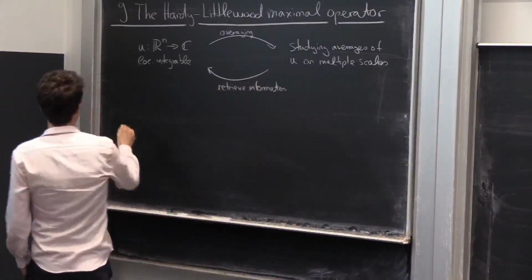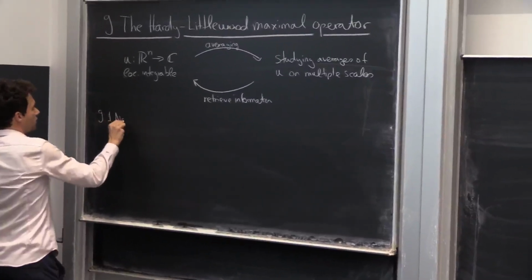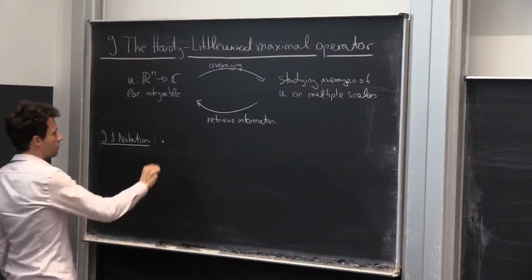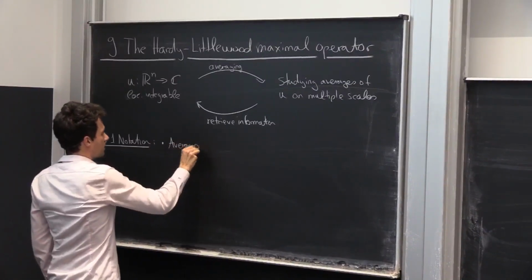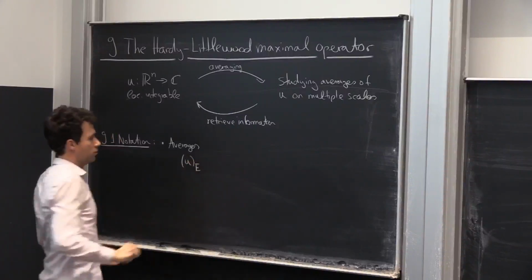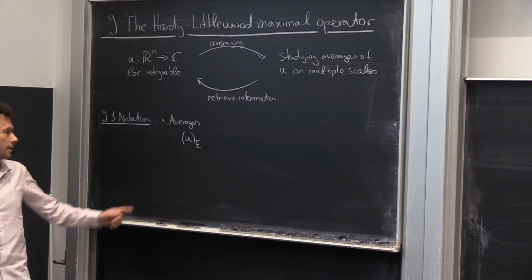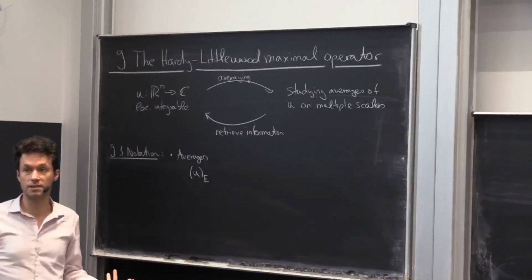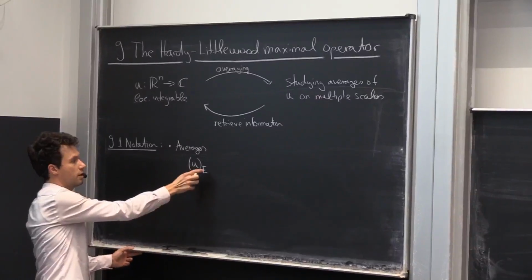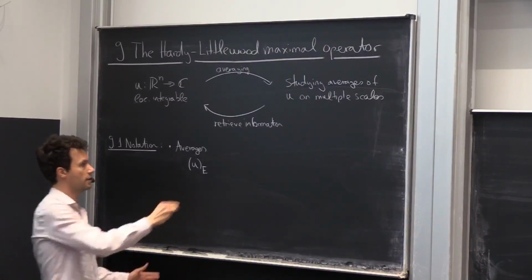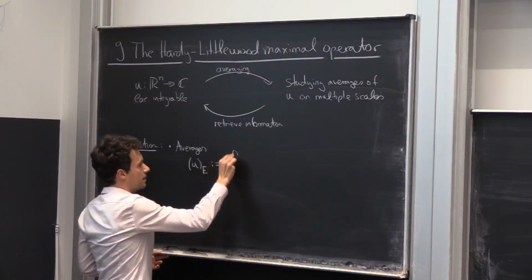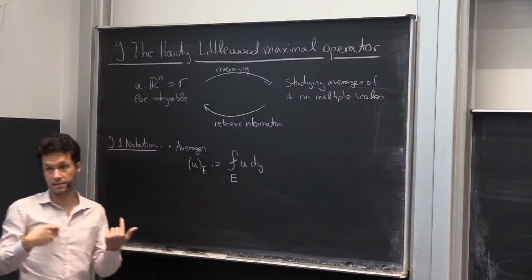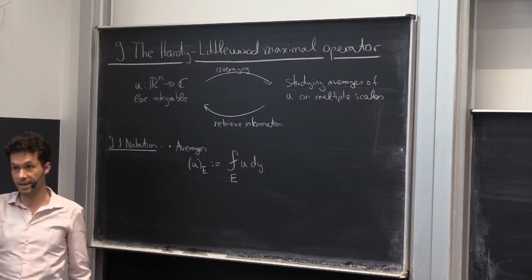And so we're going to need a little bit of notation just to ease the work with averages. I'm going to write for averages the following. u is the function that I want to average, and E is a set of finite non-zero Lebesgue measure, and I write u in round brackets with index E for the average of u on E. That is to say, the integral of u, but normalized with respect to the measure, which I'm going to indicate by this dashed integral.